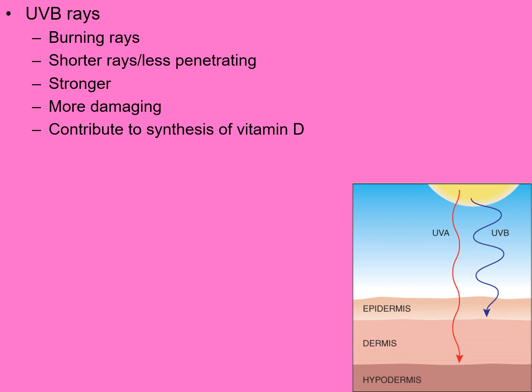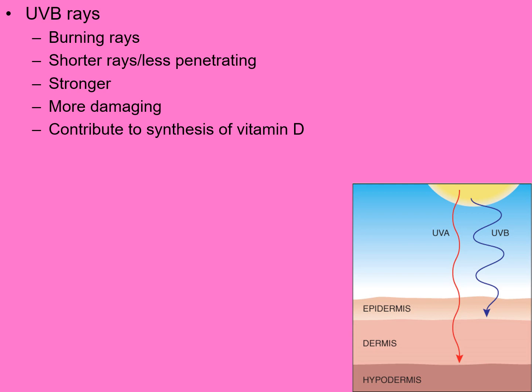Our UVB rays are our burning rays. That's how we get our sunburn, from the UVB rays. These are shorter, less penetrating rays than the UVA rays.